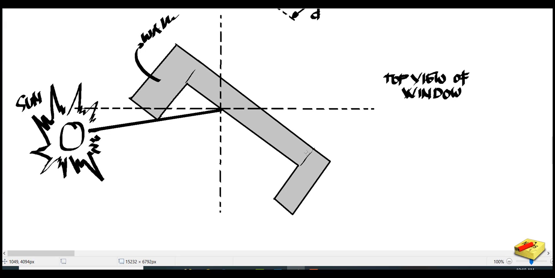Now we have also the distance extruded by the external shading.